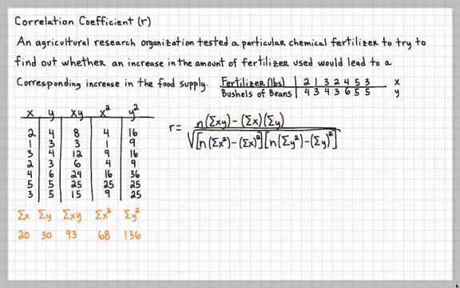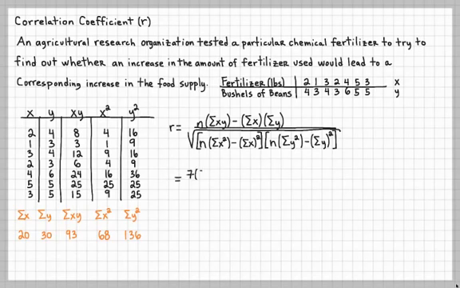Another thing you'll notice is that there's a bracket here and another bracket there. So after you place the numbers in, when you substitute, multiply, square, and then subtract. Very important to do this stepwise. Also, don't forget to take the square root in the end. That sometimes we forget. Now let's substitute the values.